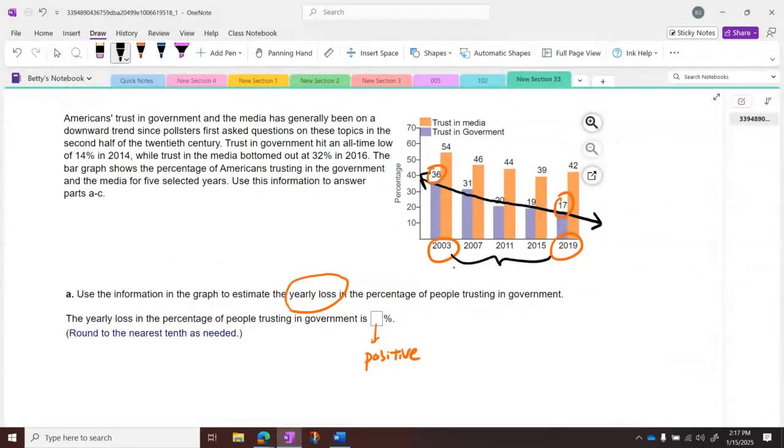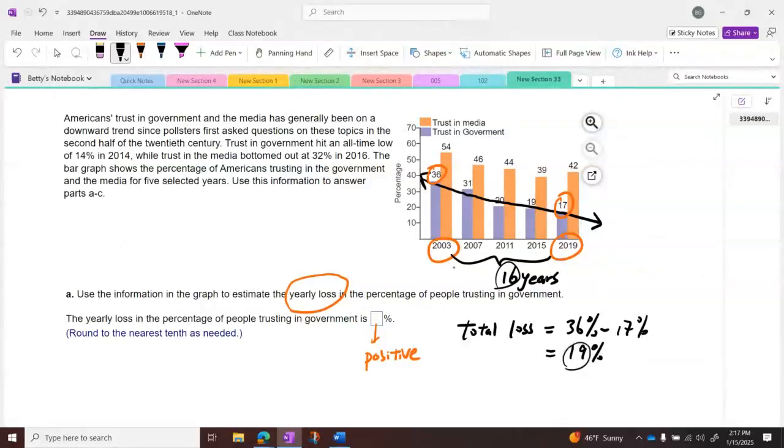From 2003 to 2019, that is 16 years. Let's see what's the total loss. Beginning year 2003, we have 36%. By the year 2019, we have 17%. That is 19%. So over 16 years, the loss is 19%.